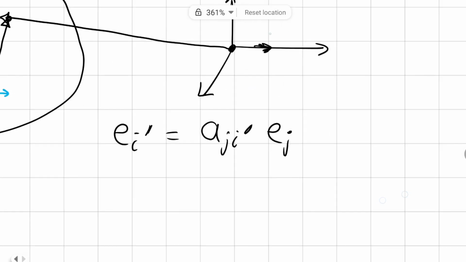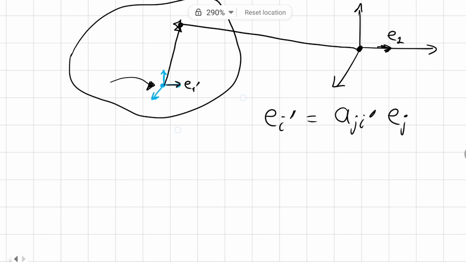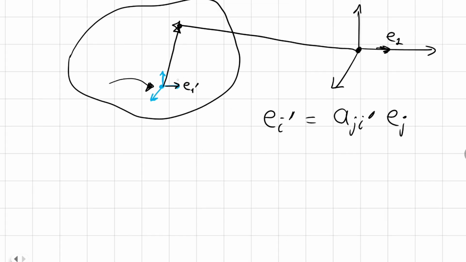For example, this will be e1, and this will be e1 prime. Remember, this is always fixed to the rigid body, so it moves with the rigid body.